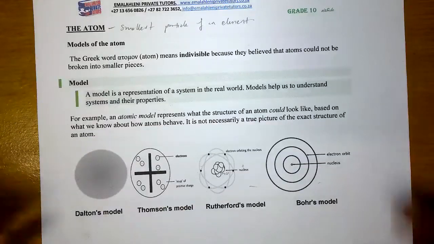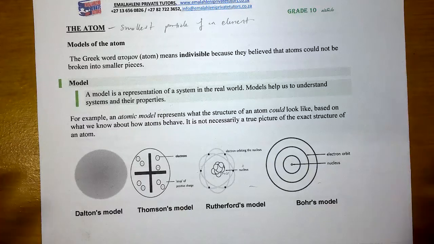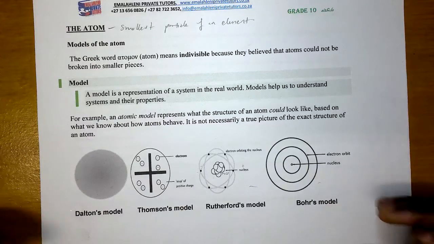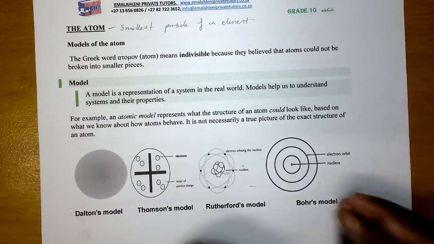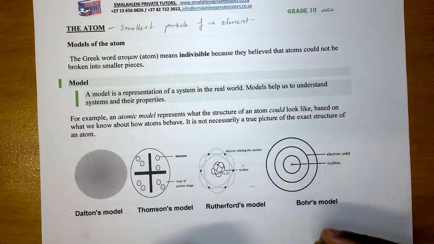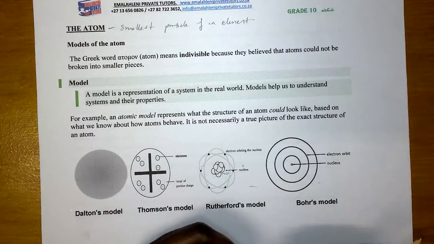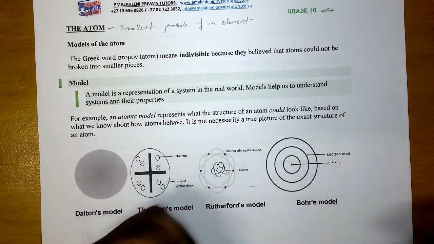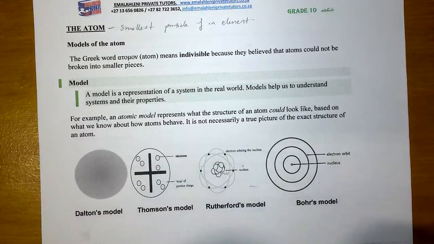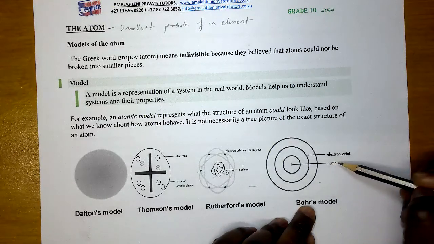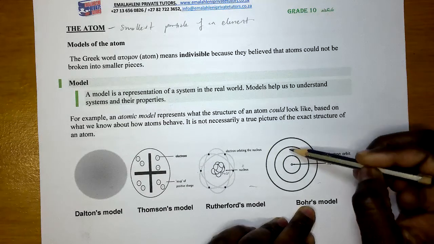Then we move on to the Bohr model. In this Bohr model, we have a positive charge in the center, that is our nucleus, and that constitutes much of the mass, because the electron doesn't weigh much, but the nucleus has more mass. Now, you believe that there are energy levels.